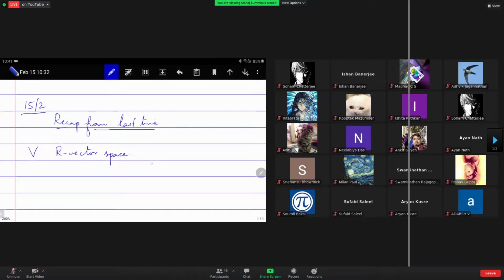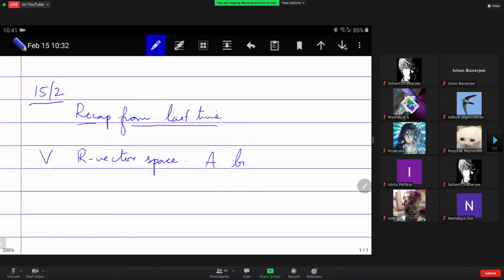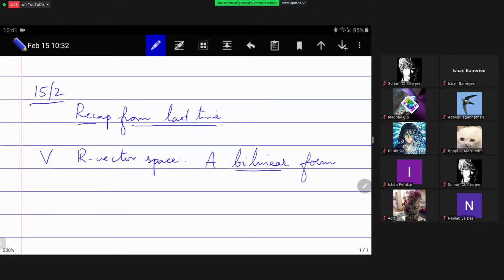So a bilinear form is a map from V cross V to R, such that it is bilinear, so it is linear on each factor, keeping the other factor fixed.